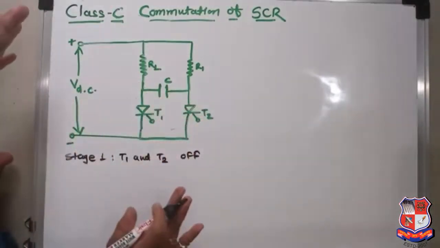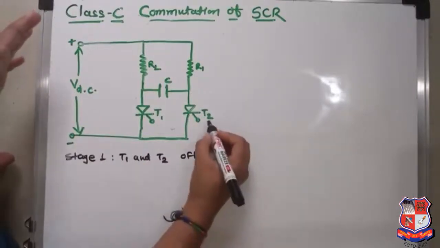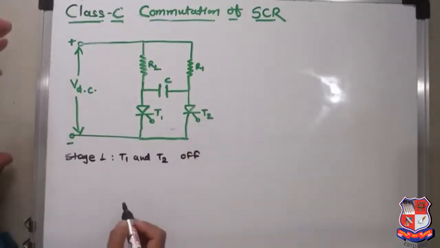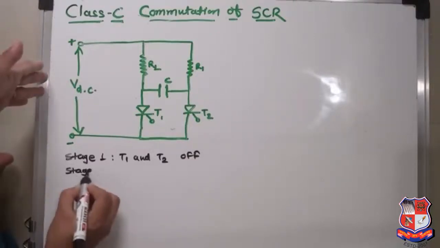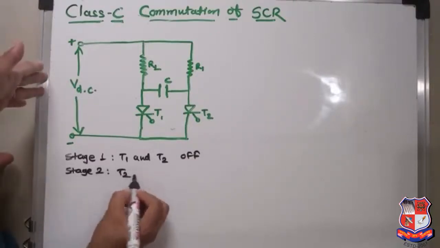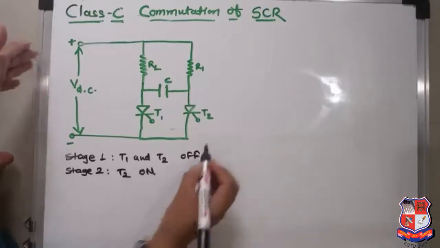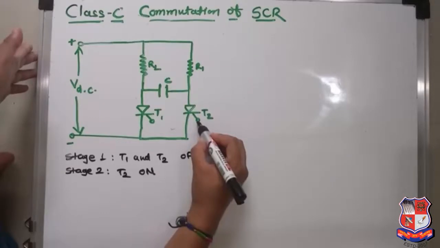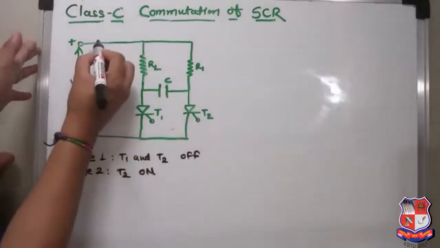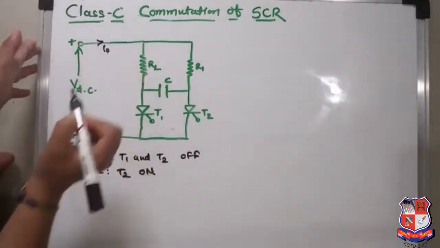Now in stage number 2, T2 is turned on by applying a gate pulse. At that time current starts to flow. Let's say the current is I0.